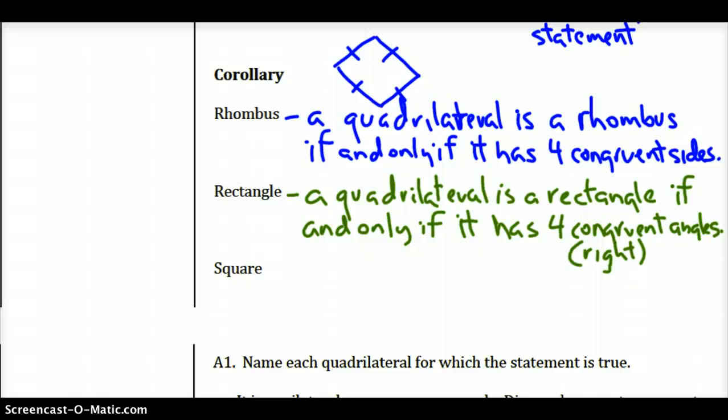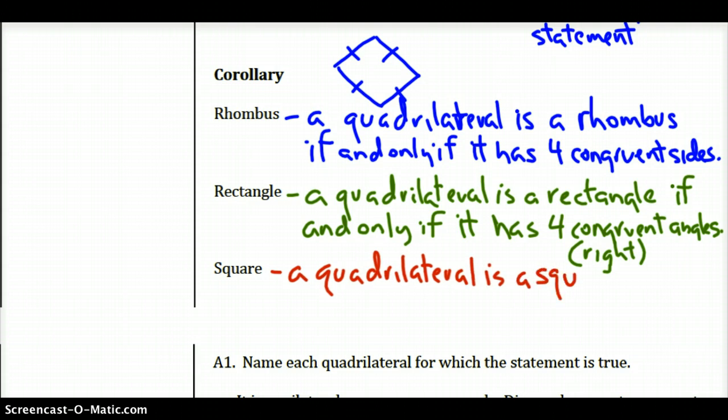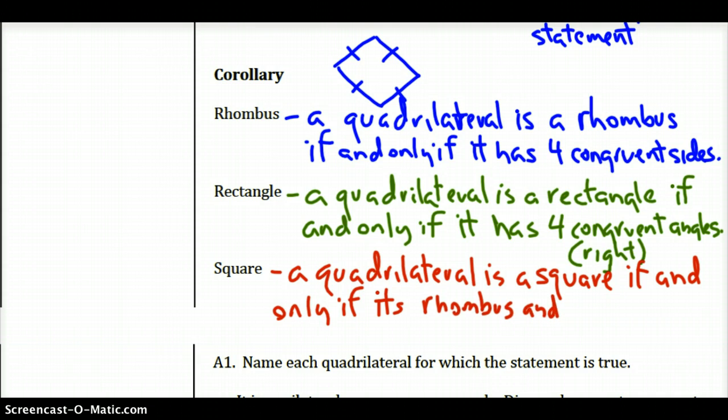The square corollary is just saying that a quadrilateral will be a square if and only if it is a rhombus and at the same time a rectangle. So a quadrilateral is a square if and only if it's a rhombus and a rectangle.